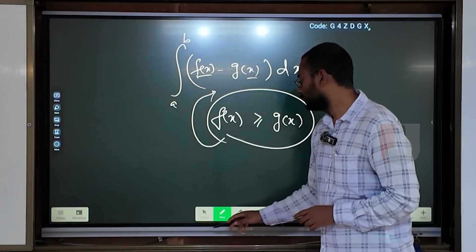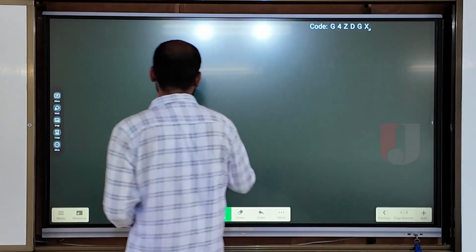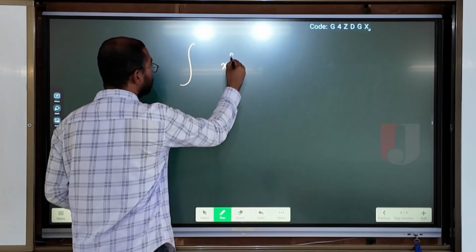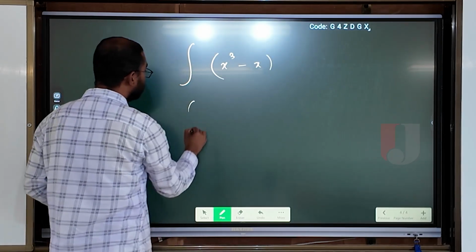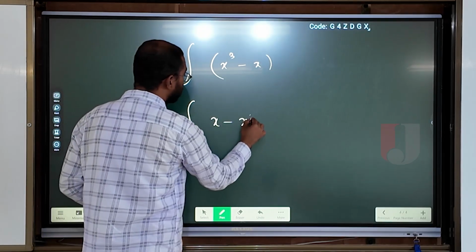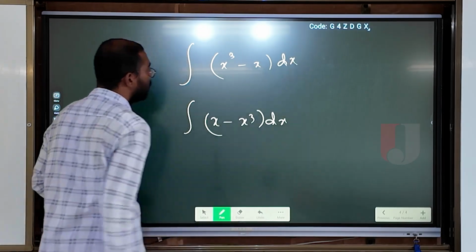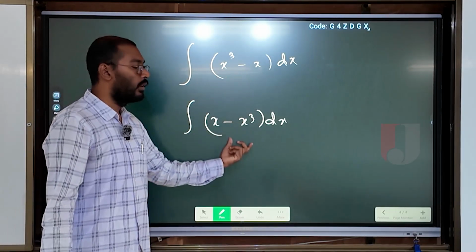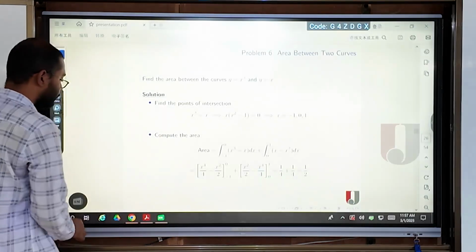Now what we are doing here: my integrands are x cube minus x and x minus x cube dx. First we have to identify where each one holds. Now we have to see the graph.